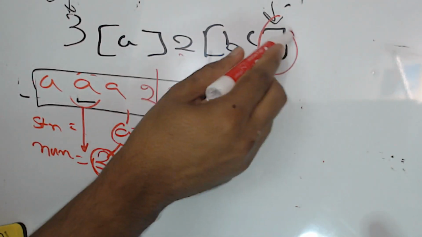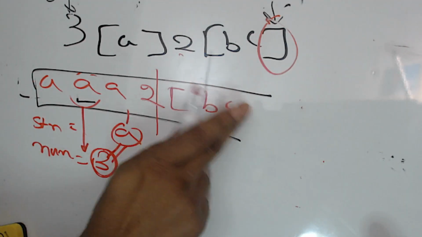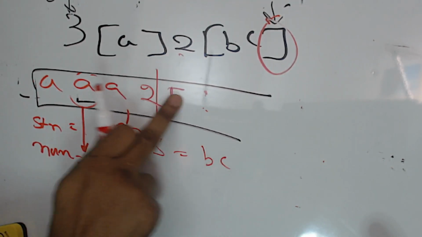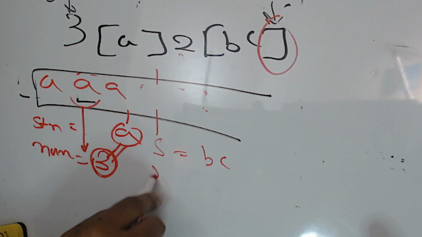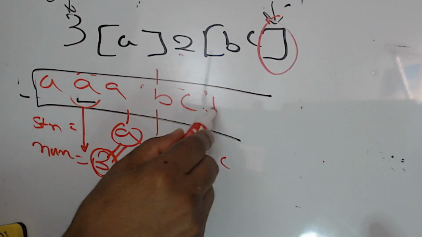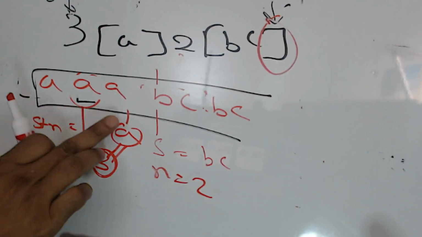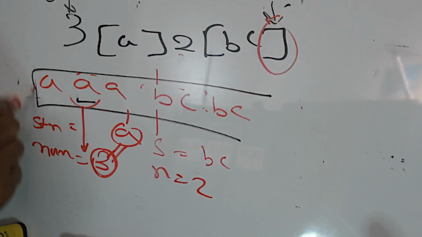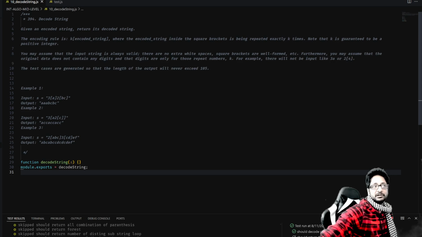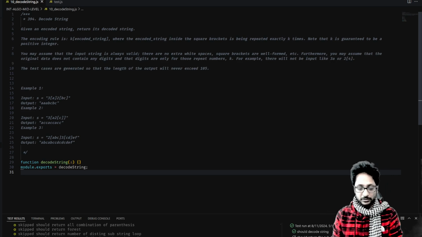The time we encounter a closing bracket, we start popping and build our string, bc, then pop everything and build our number 2, and push bc twice. At the end, whatever is in the stack, we just join and return, and that will become our answer. So now let's try this in our code.